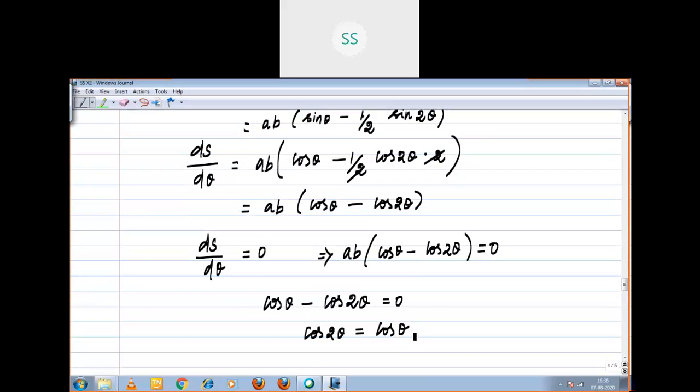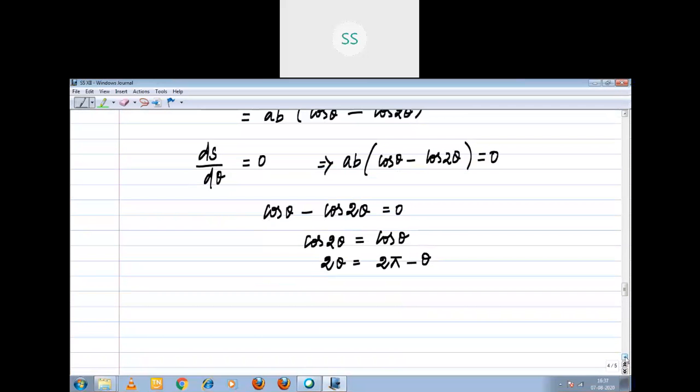I am going to express this in radians: 2 theta equal to 2 pi minus theta. When you apply cos on both sides, you get cos 2 theta equal to cos of (360 minus theta), the fourth quadrant, which gives cos theta. Did you understand what I am saying? Cos theta can be expressed in the form of 360 minus theta.